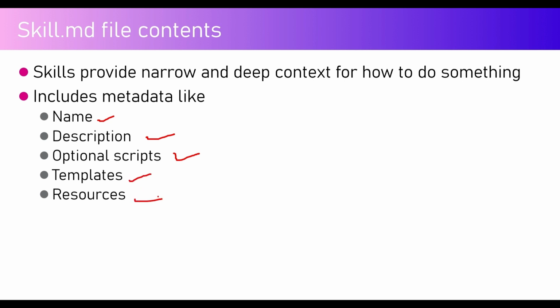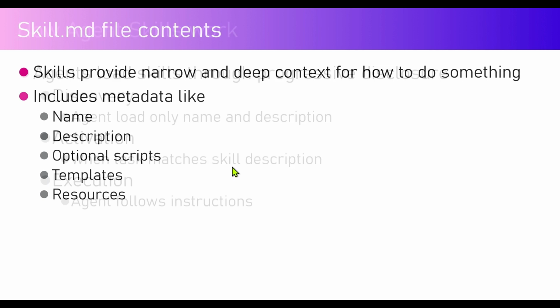So basically, it provides a narrow and deep context for how to do something. The name indicates what this particular file is all about in a short format, but in the description you provide more details around what the skill performs, and any associated links to templates and resources.